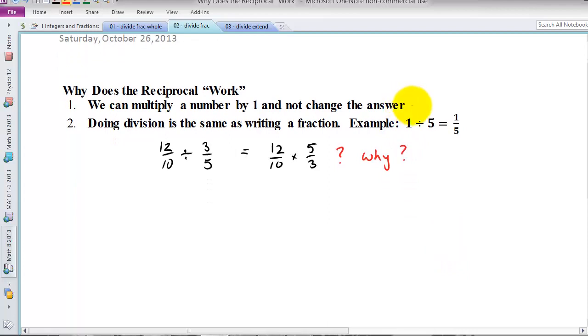One is we can multiply a number by 1 and not change the answer. You can take any number, multiply by 1, and you don't change it. The other idea is that doing division is the same as writing a fraction. So 1 divided by 5 is the same as 1 over 5. So let's rewrite this as a fraction: 12 over 10 divided by 3/5.